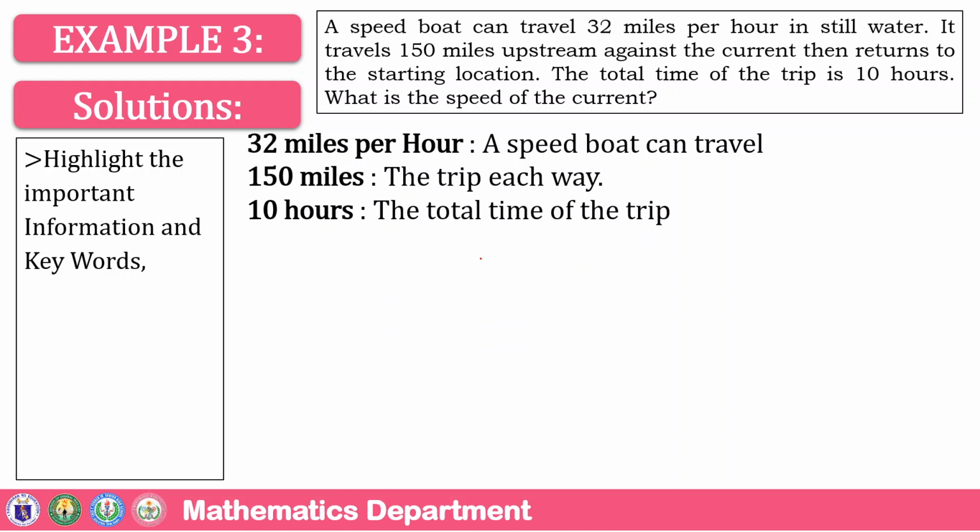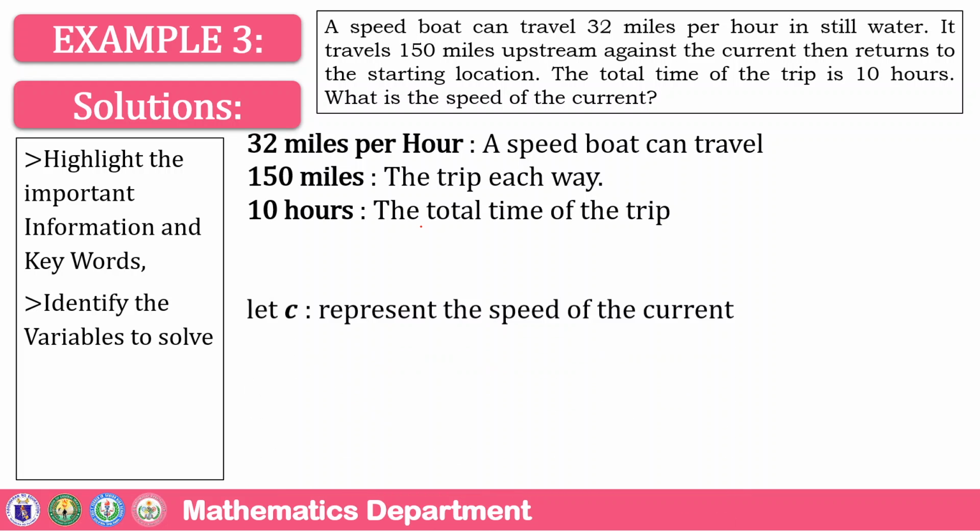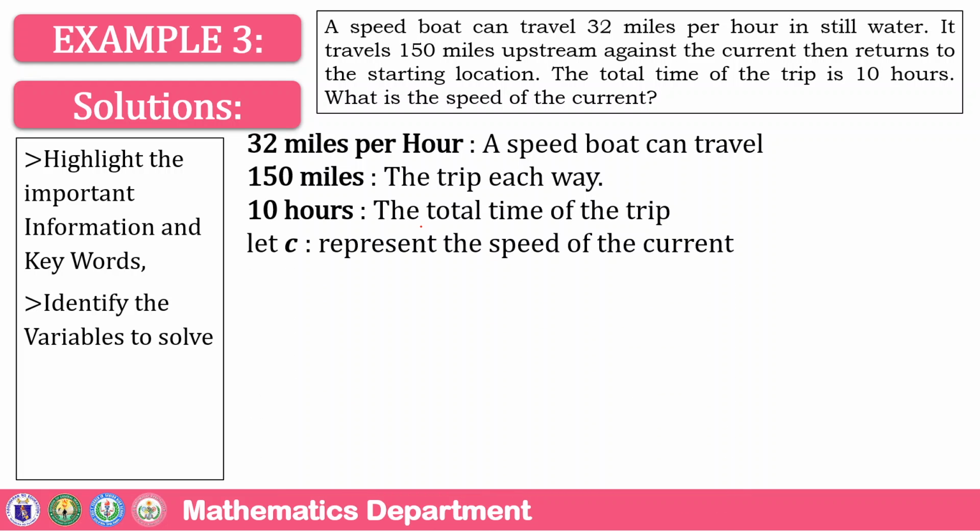Sunod po, we have 10 hours, that is the total time of the trip. Sunod, identify natin yung variable na isasolve natin. So, i-represent natin si speed of the current in the variable C.